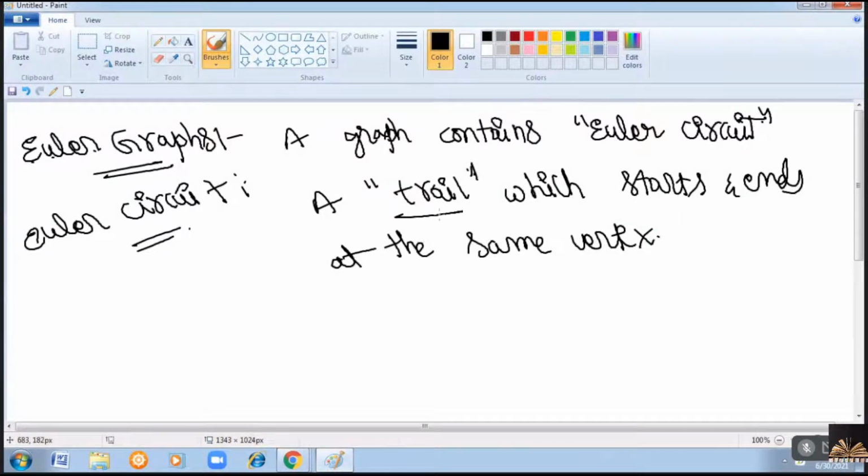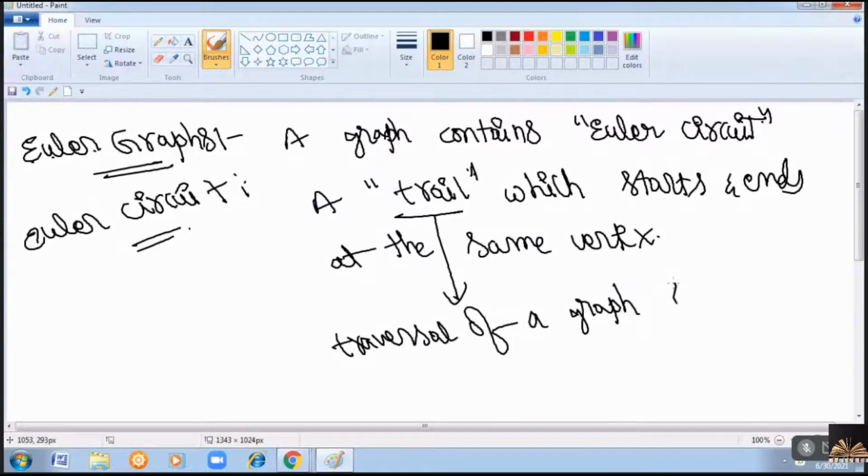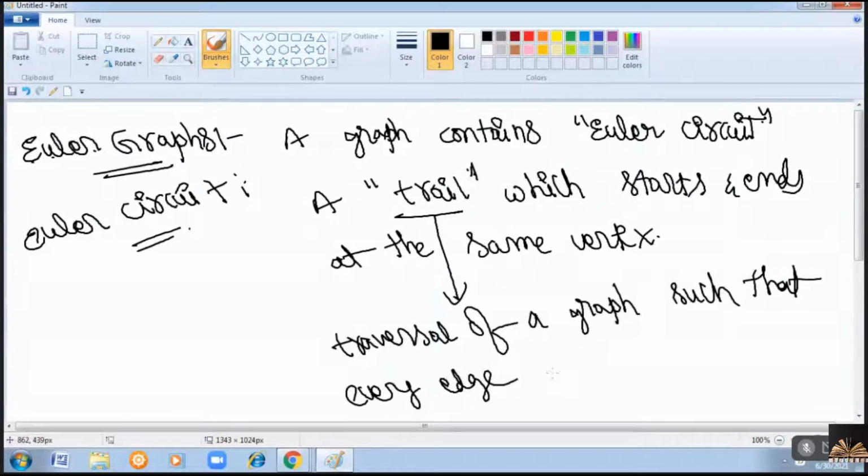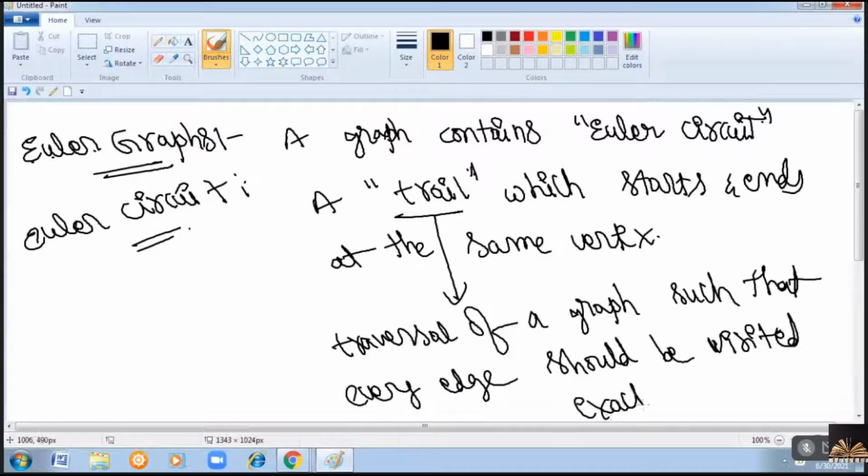Trail means traversal of a graph such that every edge should be visited or traversed exactly once. There should not be edge repetition.